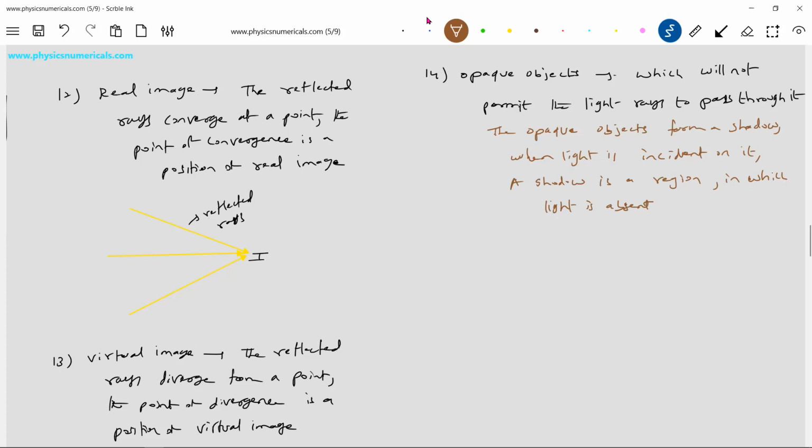We didn't understand what you are exactly saying. Okay, let this be a pole. Let there be a light ray incident on it.